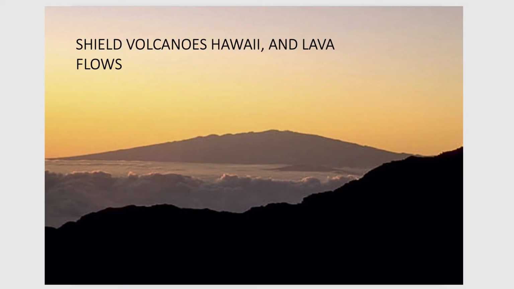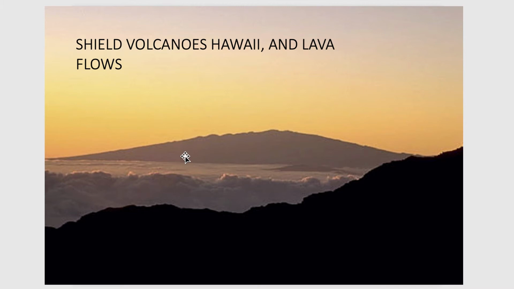As discussed, the chain of volcanoes represented by the Hawaiian Islands reflects essentially the result of hotspot activity. In this slide you see clearly a classic shield volcano, which is the Mauna Loa volcano on the Big Island, which is the southern island of Hawaii.